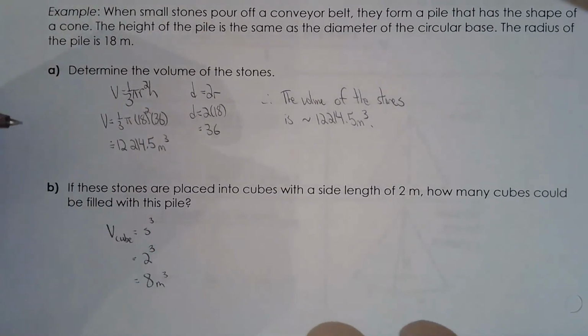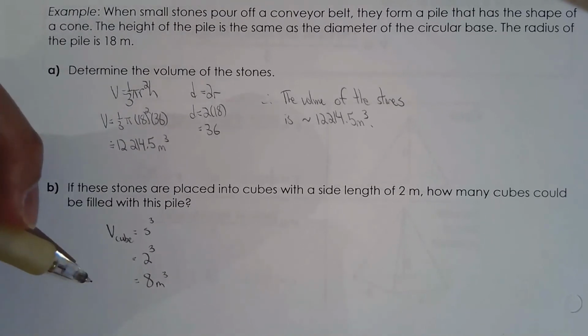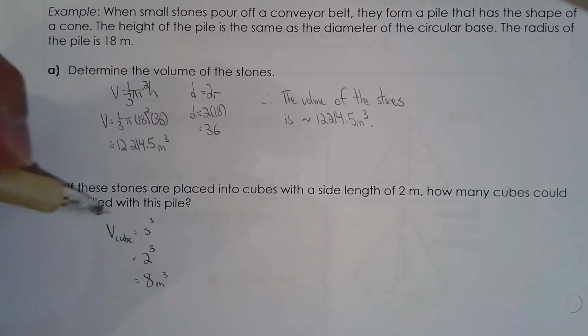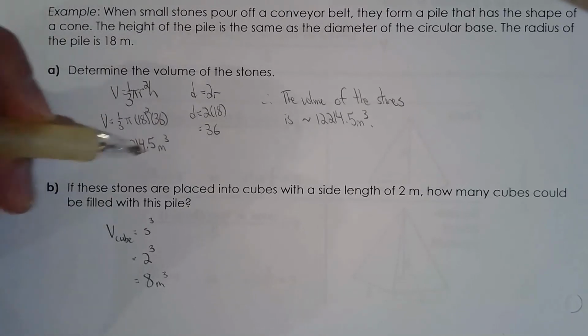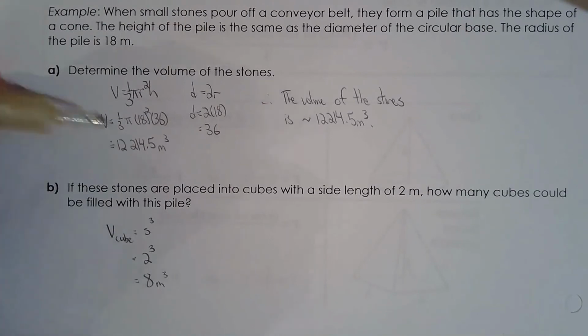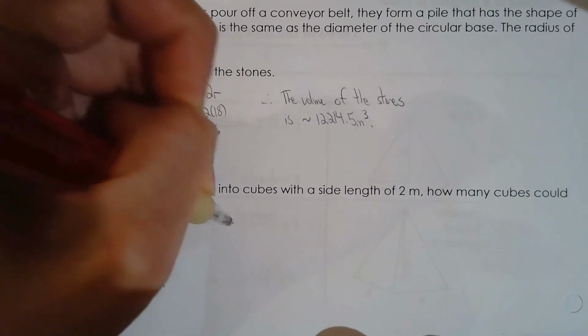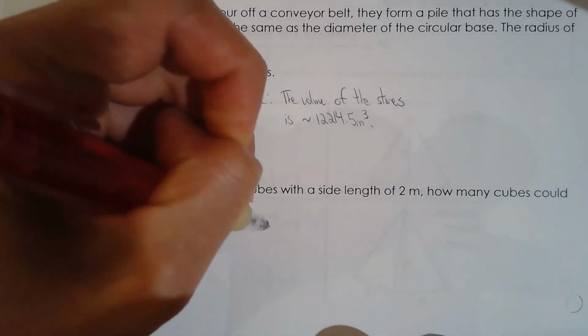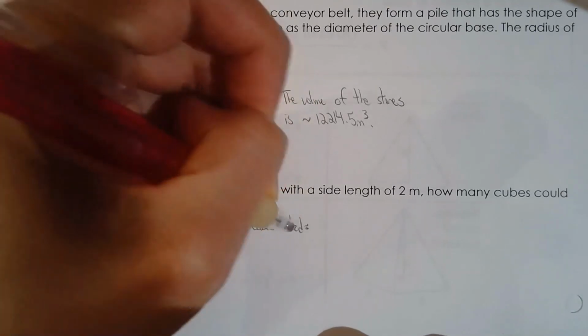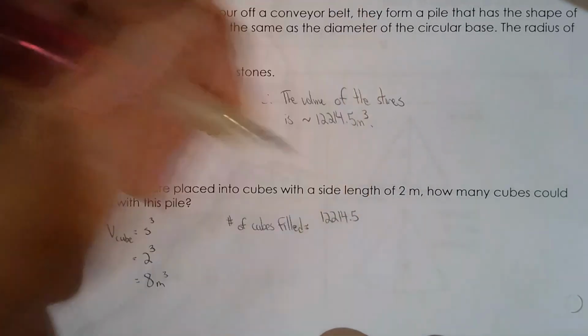Okay? So if the volume of 1 cube is 8 cubic meters, how many cubes can I fill? Well, what's the volume of the stones? 12,214.5 about. So the number of cubes filled equals 12,214.5.